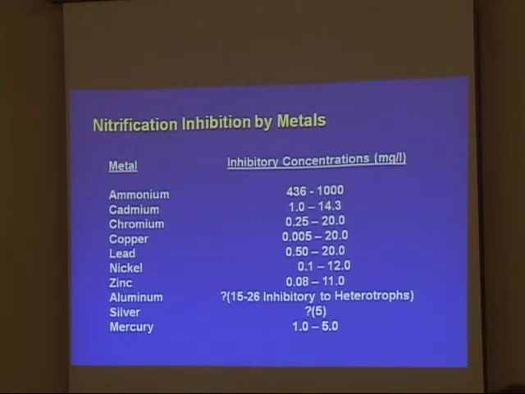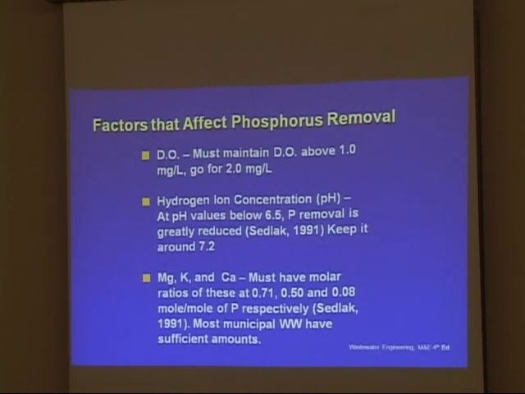So, I don't know if you guys have any heavy metal industries, but if somebody was to dump a tanker of some treatment liquor from a metal plating facility or what have you, and any of these metals made their way in, these are the levels at which they would be inhibitory to the nitrifiers, okay? So that's something kind of nice to know there.